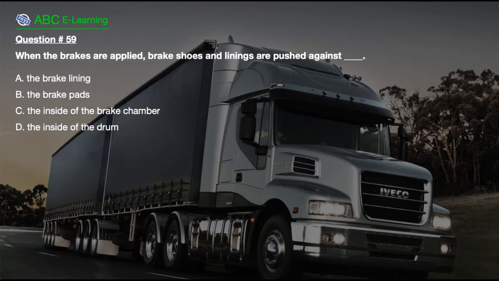Question number 59. When the brakes are applied, brake shoes and linings are pushed against A. The brake lining, B. The brake pads, C. The inside of the brake chamber, D. The inside of the drum.